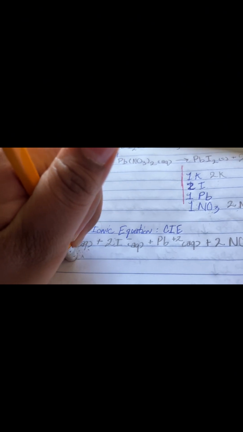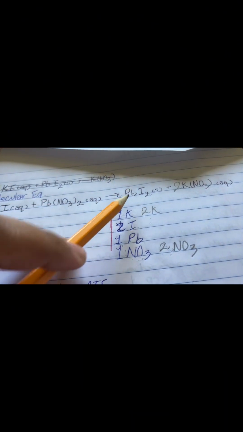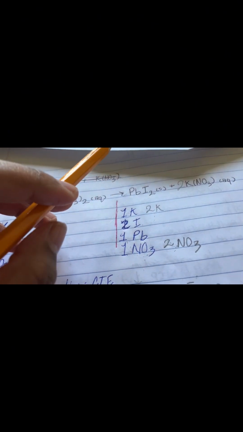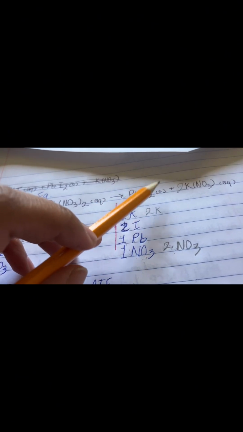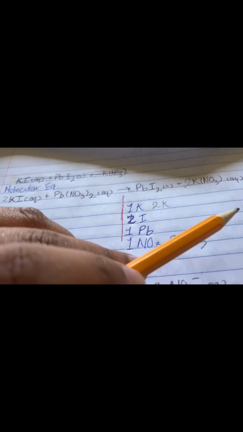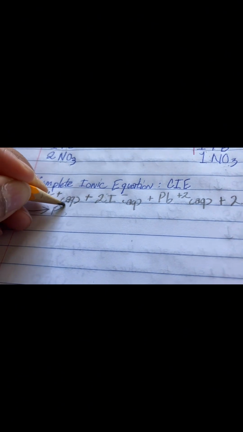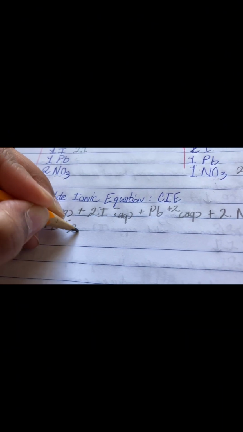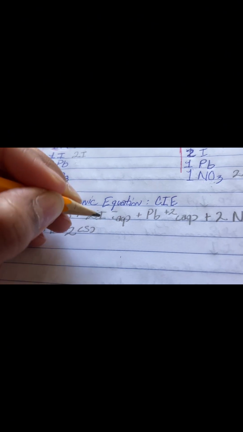Like I said earlier, you're only writing or splitting apart what is aqueous, but lead iodide is a solid. That means that it doesn't split apart. It just stays this way. It stays PbI2, and you put the little s right there.